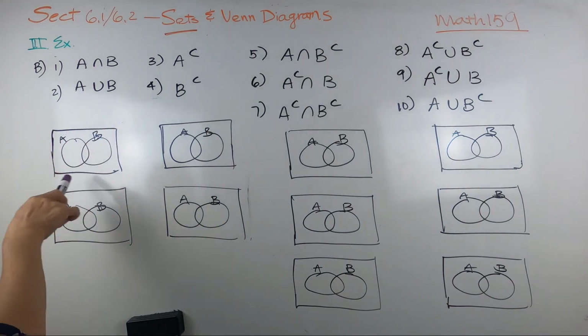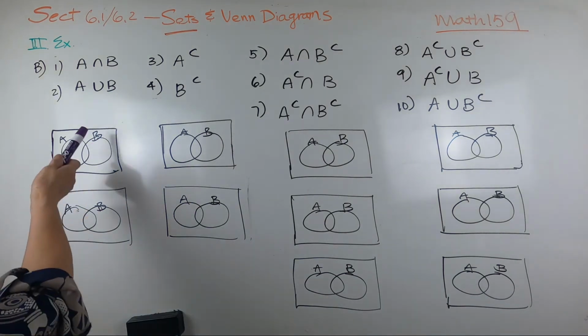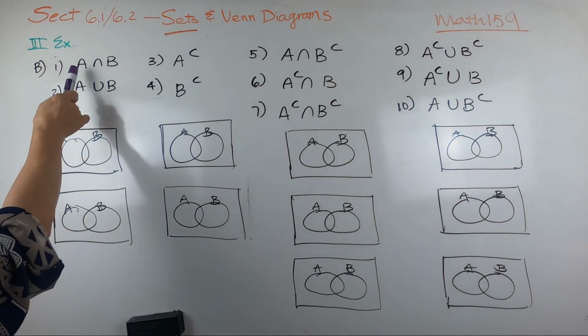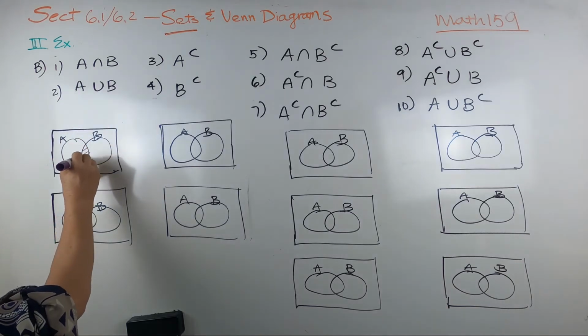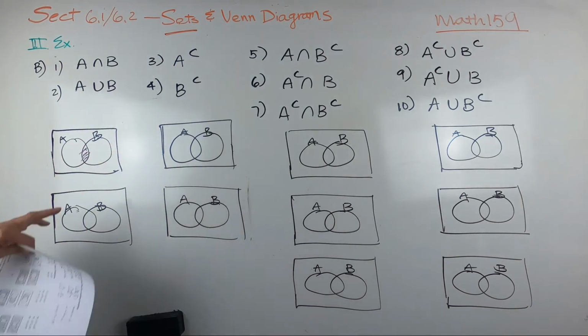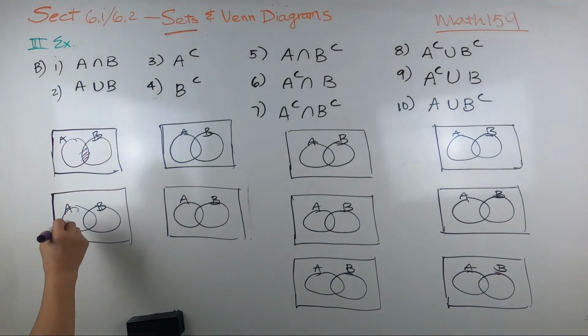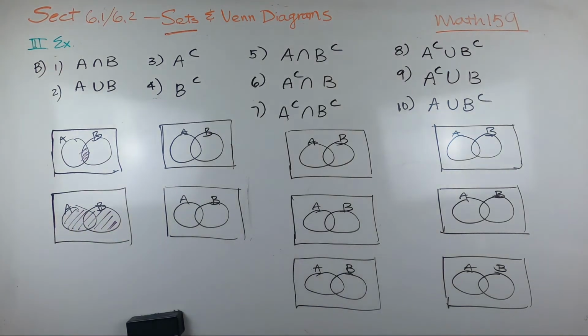Your square is the universal set. A and B are in it. For the intersection of A and B, that will be here, where they intersect. Then where is the union? That will be A union B, right?